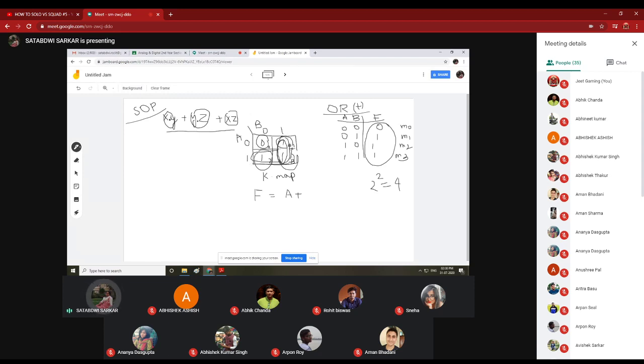The value of this cell is 0 and the value of this cell is 1. So we cannot take A, but B is the same. B is 1. 1 means B and this is 0. 0 means B bar. We can also write it as B bar and this we may write as B.